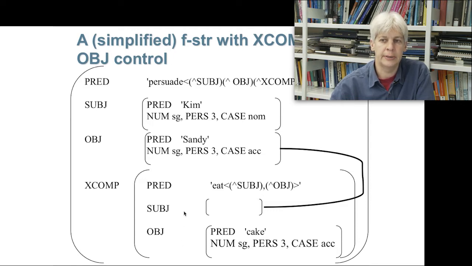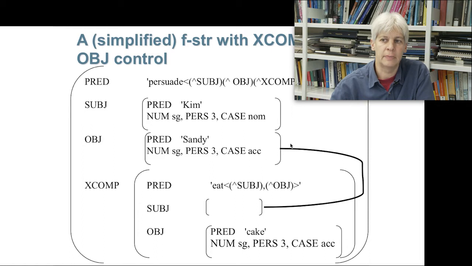The subject is lexically determined to be controlled by the object of the matrix verb. This is what this big fat line is here for. This is how things are rendered in the theoretical literature on LFG. You're saying that this subject here is empty. This subject here is identified with the object of the matrix verb.